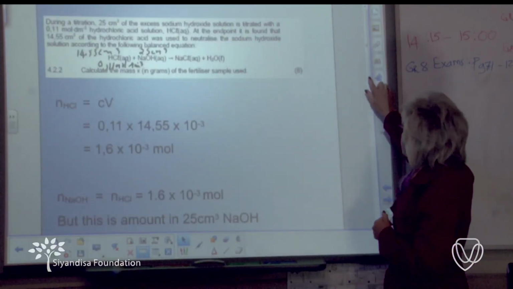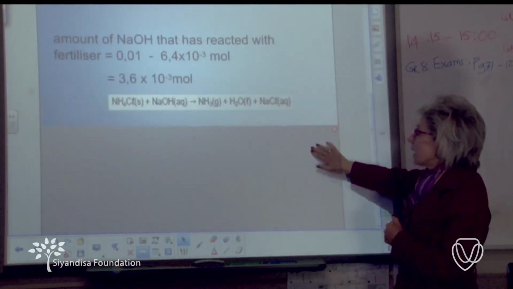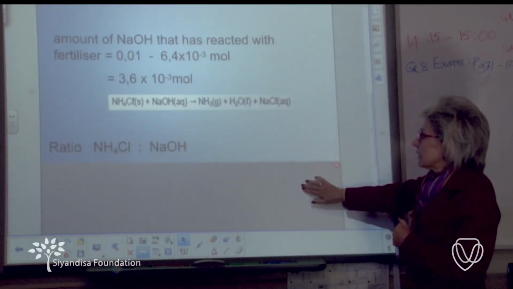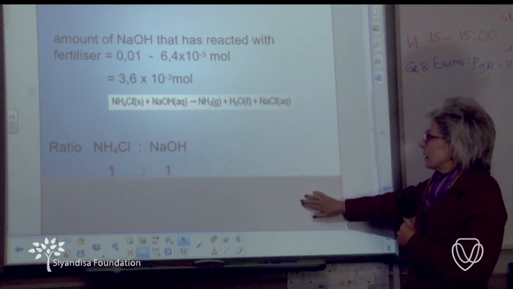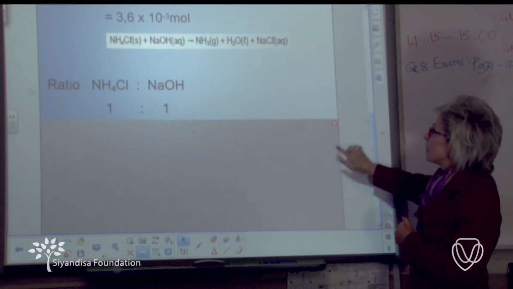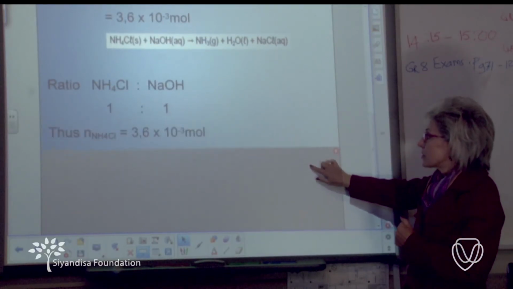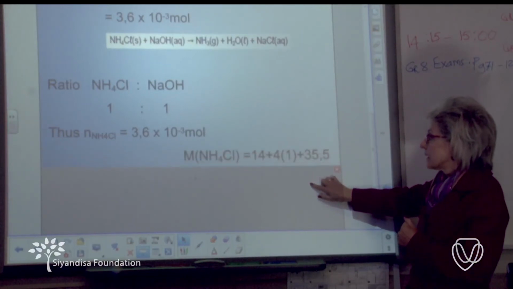So if we now continue with our calculation here, the formula is given. The ratio is 1 to 1. So if the sodium hydroxide is 3,6 times 10 to the negative 3, then it means ammonium chloride is also 3,6 times 10 to the negative 3.